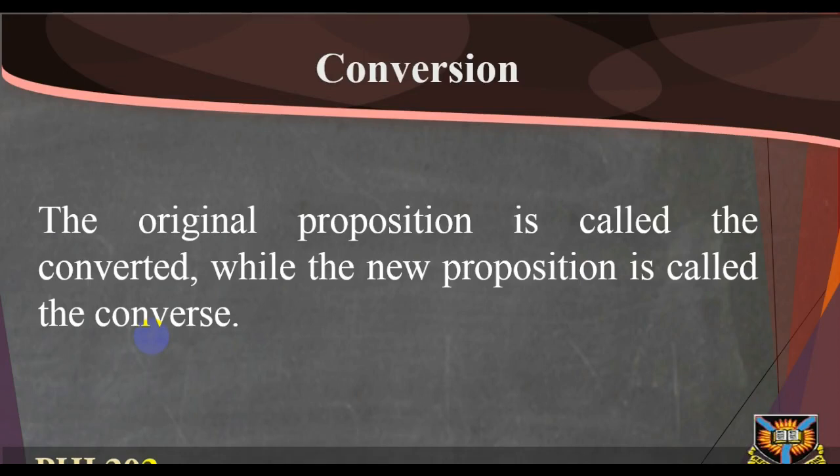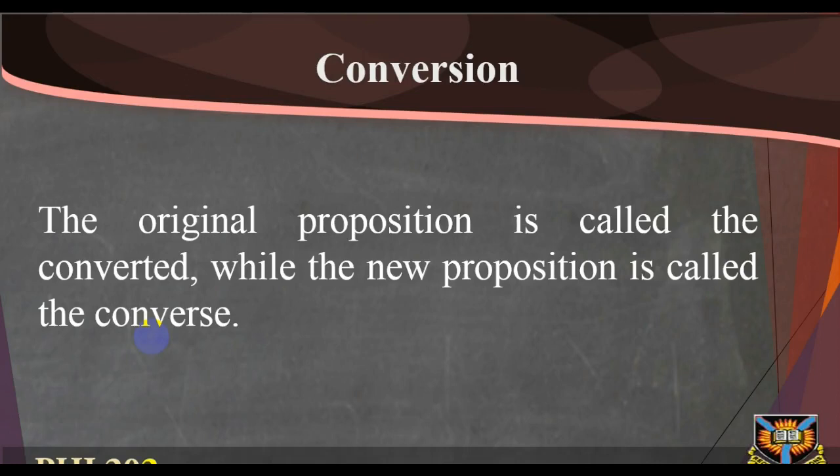Conversion by limitation for the A proposition proceeds by interchanging the subject term with the predicate term and then changing the quantity of the proposition from universal to particular. Thus, from the proposition, all dogs are animals, the conclusion, some animals are dogs, could be validly inferred, the inference being true conversion by limitation.